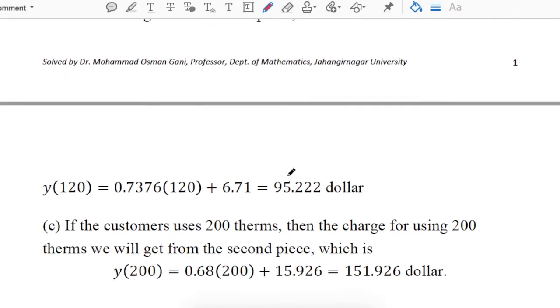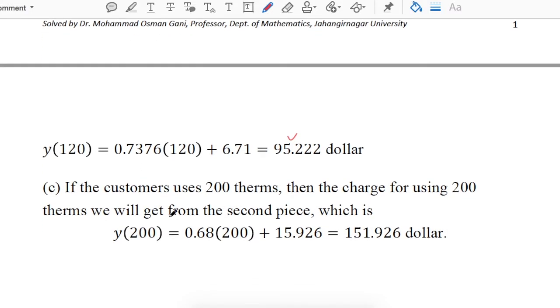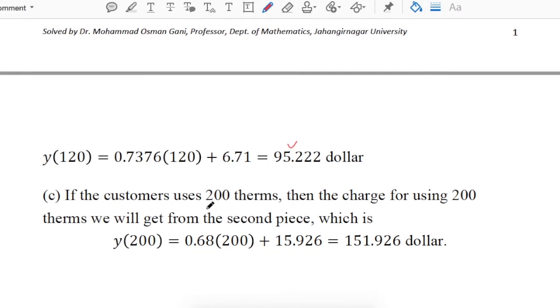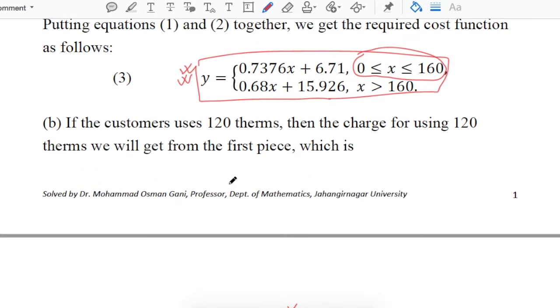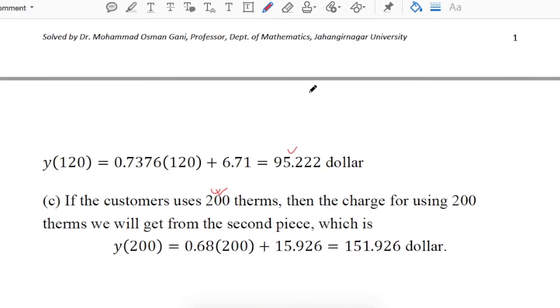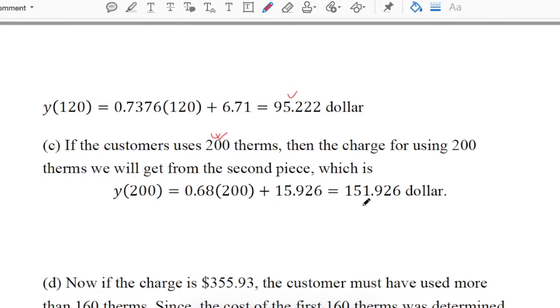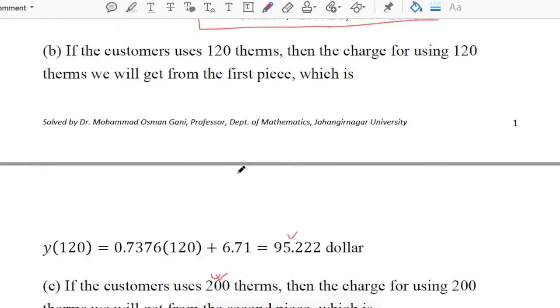That will be the answer of your B. And C, you need to calculate the total cost for the using of 200 therms. So 200 is within second range, therefore we need to put y equal 0.68 into 200 plus 15.926. So that will be $151.926 for the using of 200 therms.